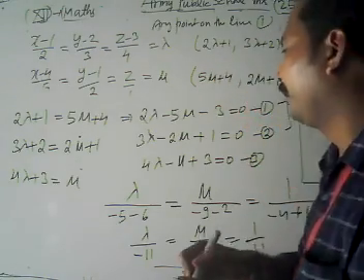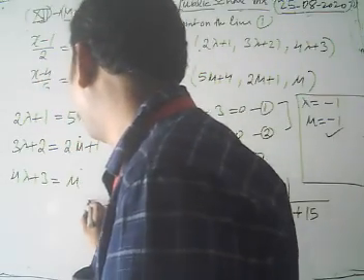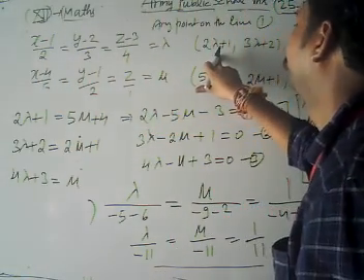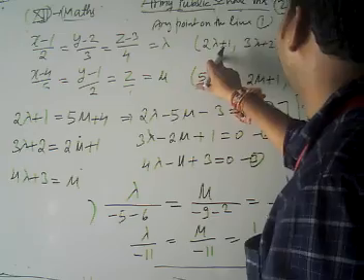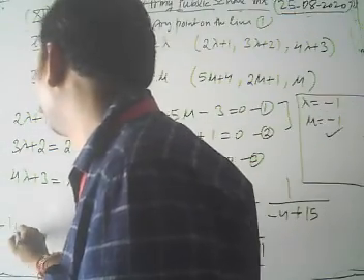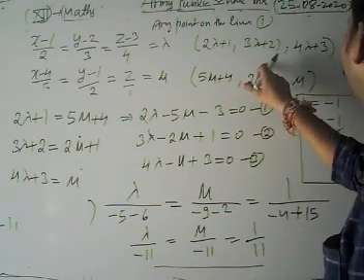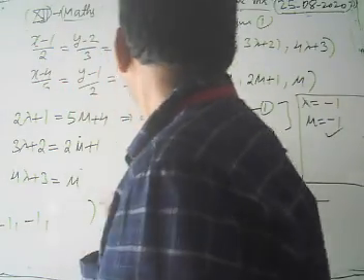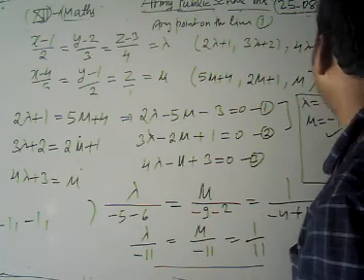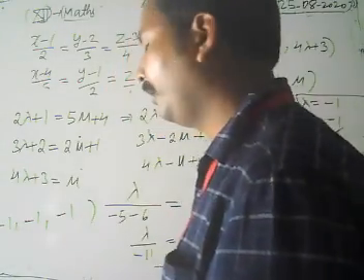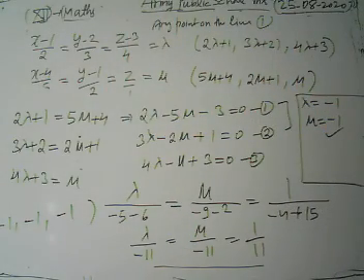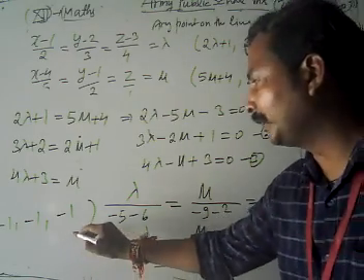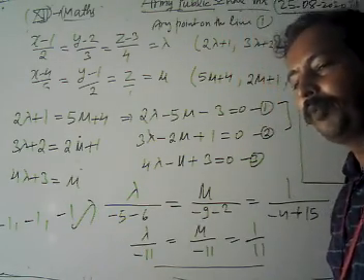Our point is given by, look, we put the value of lambda here: 2 into minus 1, we get the first coordinate minus 2, then 3 lambda plus 2, it's minus 3 plus 2, again we get minus 1, and minus 4 plus 3, we get minus 1. The point of intersection is minus 1 and minus 1.